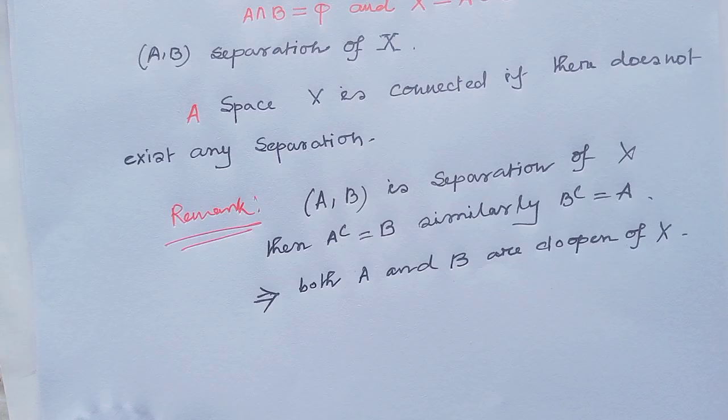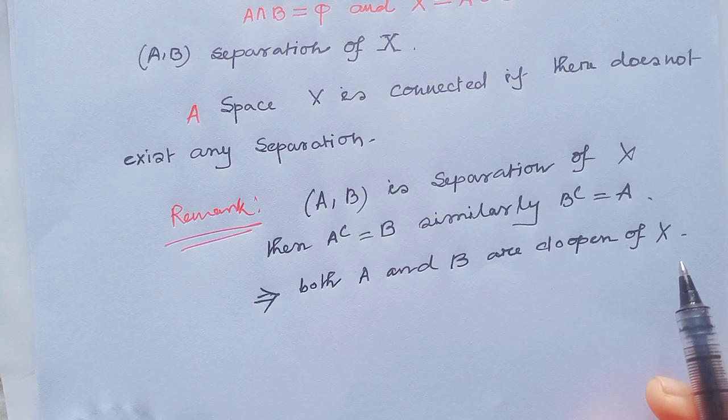That means when the set is disconnected, then A and B are both open and closed in the space X.